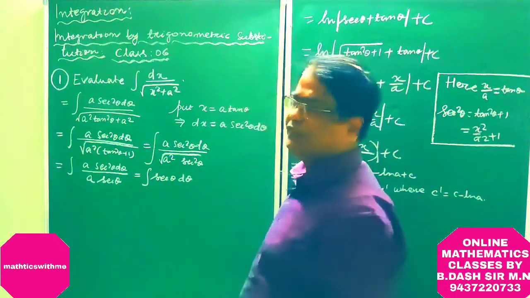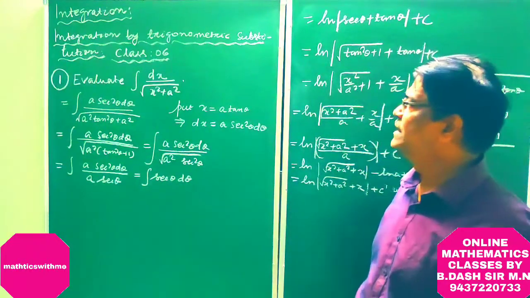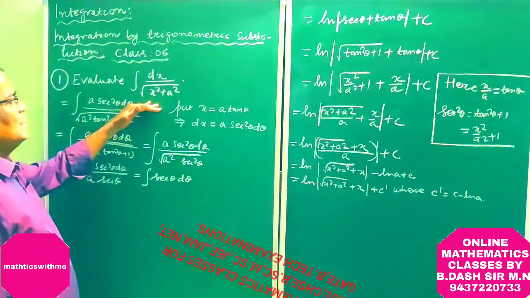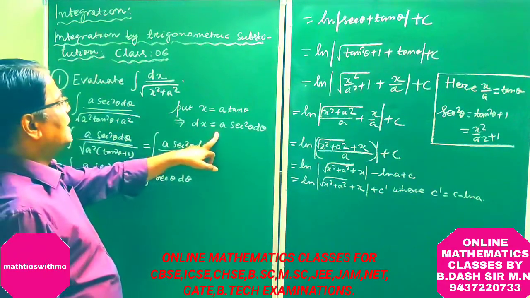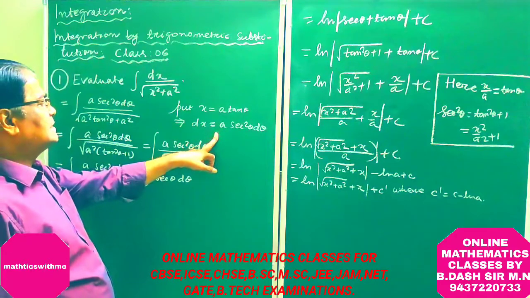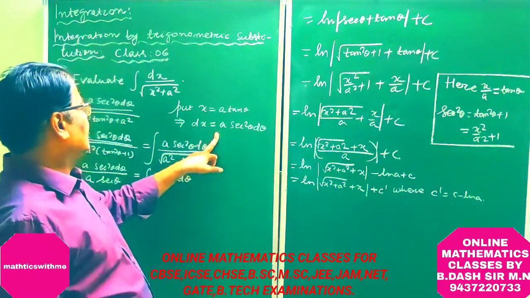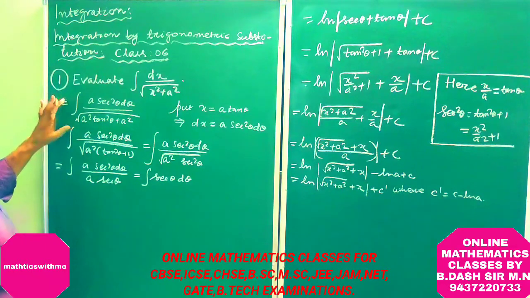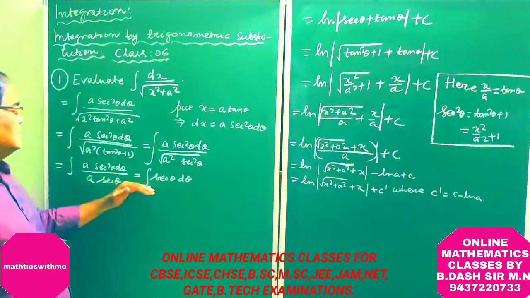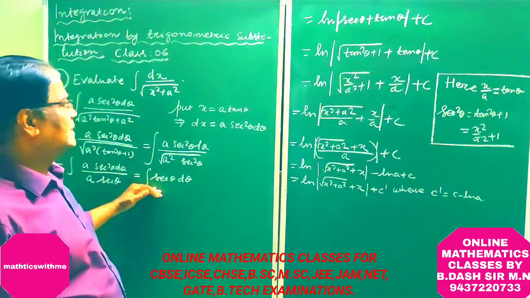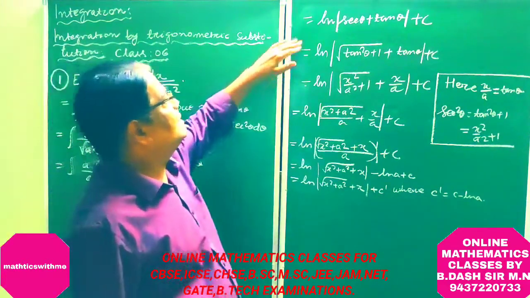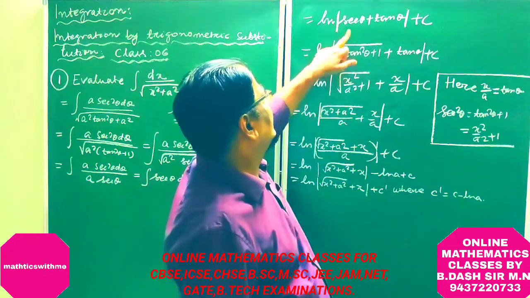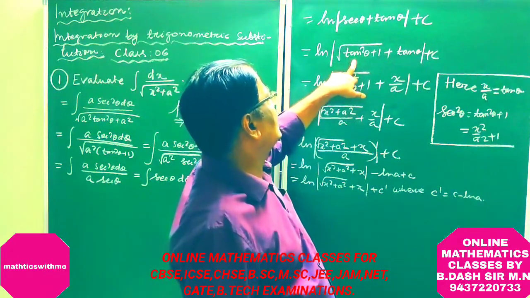So here the question is we have to evaluate the integral of dx by root over x square plus a square. Putting x is equal to a tan theta, we get dx is equal to a sec square theta. Now putting these values in this integral and after simplification, this is equal to the integral of sec theta d theta. We know the integral of sec theta is ln of sec theta plus tan theta. Sec theta can be written as root over tan square theta plus 1.